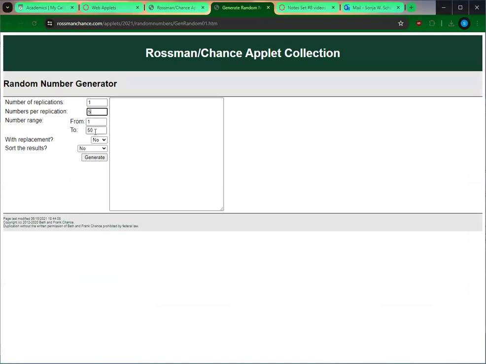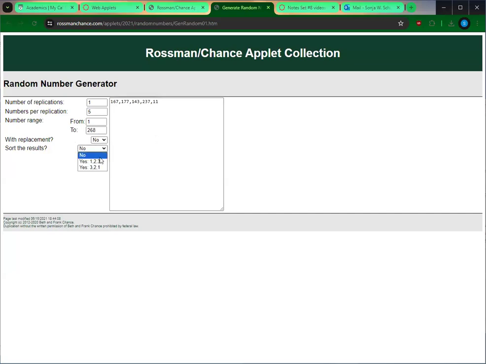The number range is from 1 to the total size of the population, and that is, if I remember correctly, 268 words. So we want any one of the 268 words to have equal chance of being selected. Do we want to replace the word and have it possibly be done again? No. So I'm going to generate that, and there are the results.